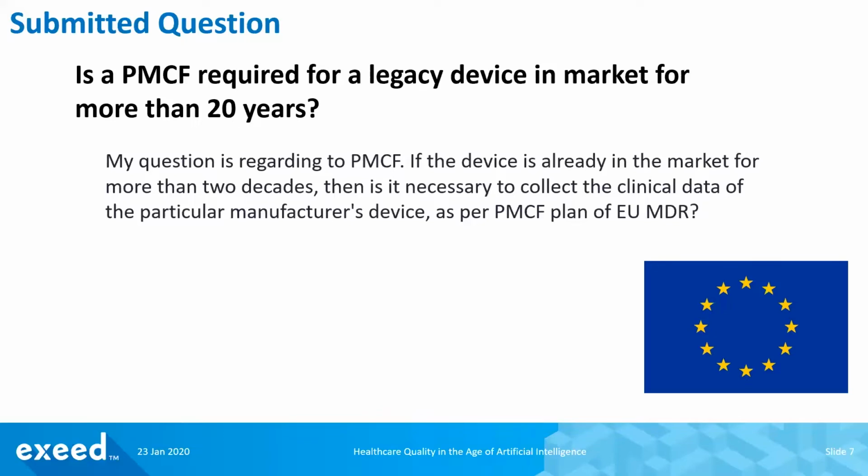On a practical basis, for anything related to EU MDR, you should consult with your notified body, because at the end of the day they are the ones making an assessment. So what you decide to do should be in the context of how strong a case you can make for a continued favorable benefit risk. That would be my answer. But again, I open the discussion, and others may have additional feedback for you.